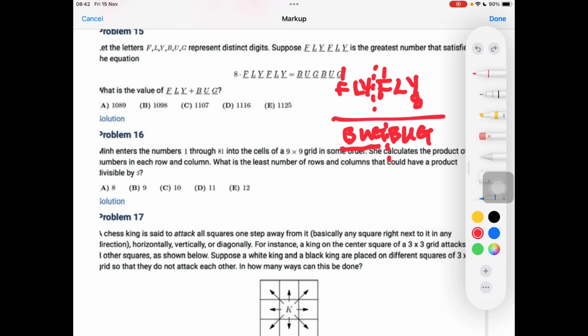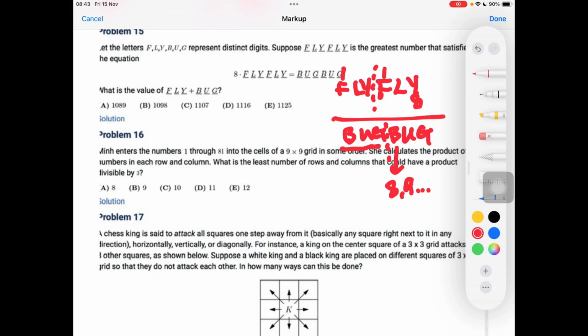So anyway, F equals 1. And B becomes 8 or 9, we don't know yet. And Y cannot be 0, because in that case G would be 0, but it says distinct digits, so it cannot be 0.